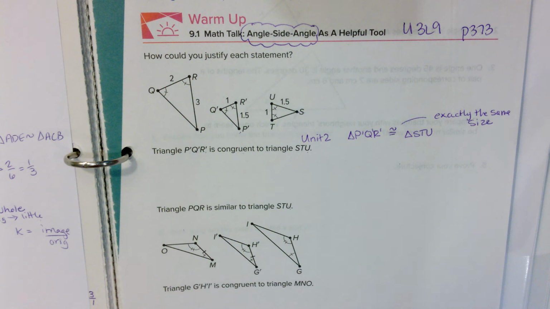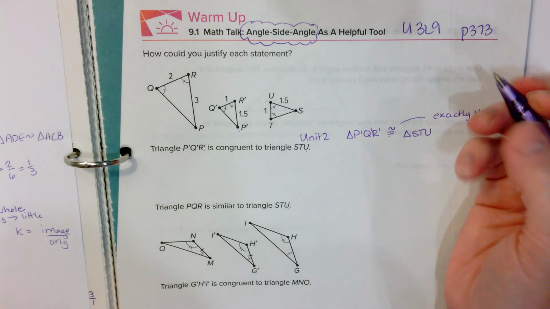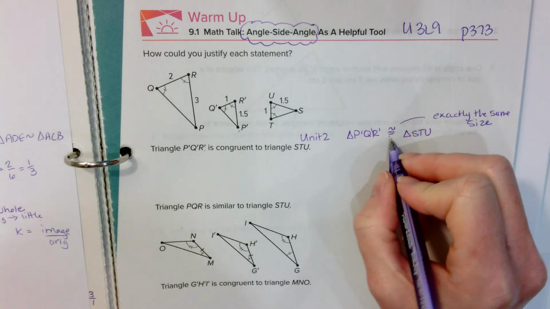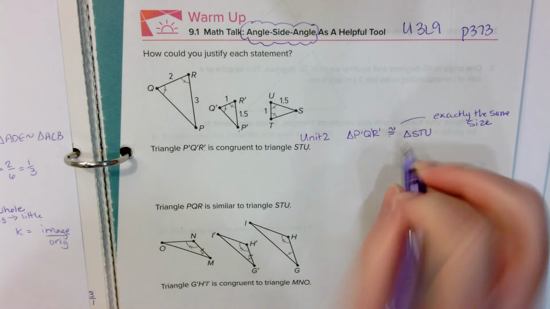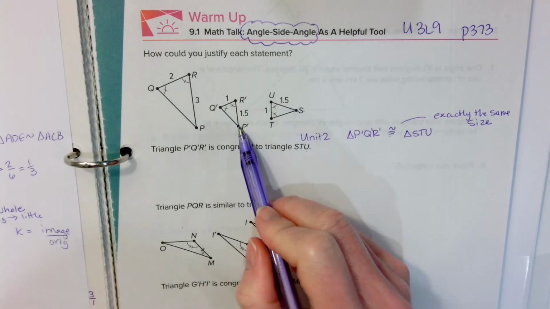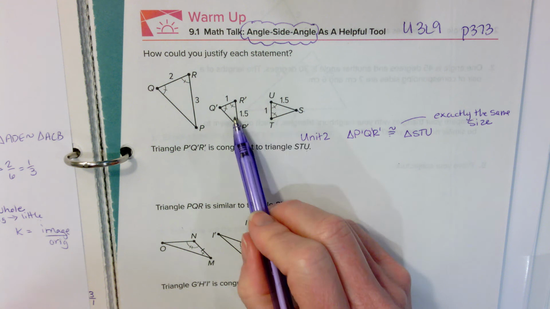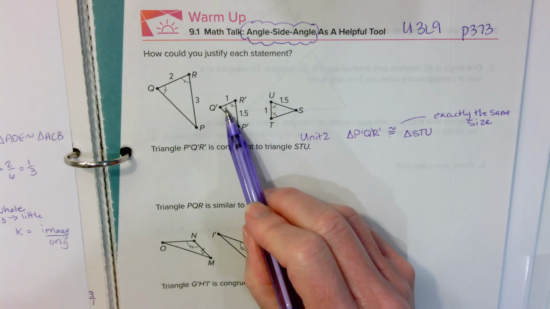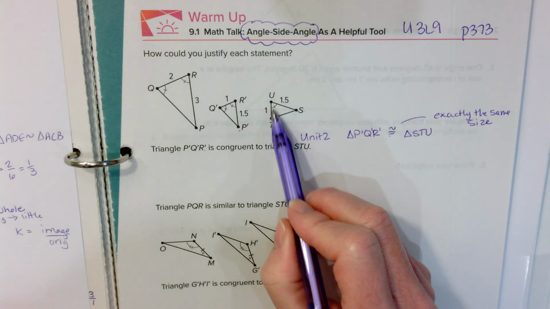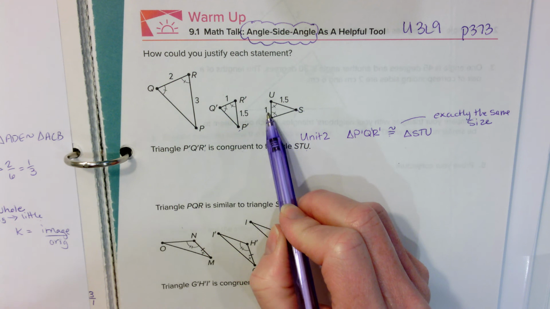So let's take a look. Remember the ways that we could prove congruent. Back then we had 5 ways: side, side, side; side, angle, side; angle, side, angle; angle, angle, side; and HL. Looking at this little triangle and this little triangle, I can see that I have multiple ways to prove that they're congruent. First of all, I have an angle and an angle, and this is the side in between them, and it's 1.